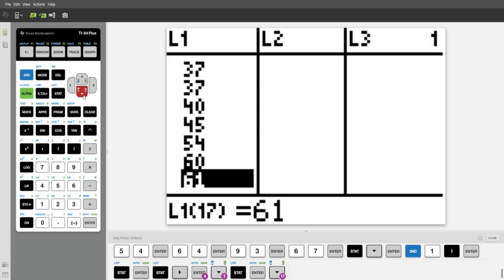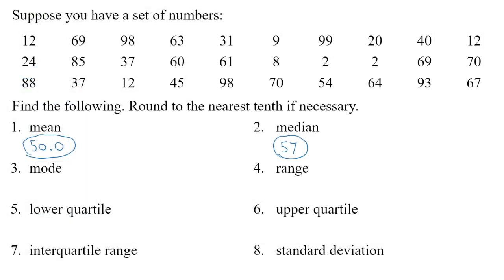We keep going. 69 appeared twice, but again, 12 is still the mode because 12 appears 3 times. 70 appeared twice. 98 appeared twice. So, the number 12 appears the most. Therefore, the mode is 12.